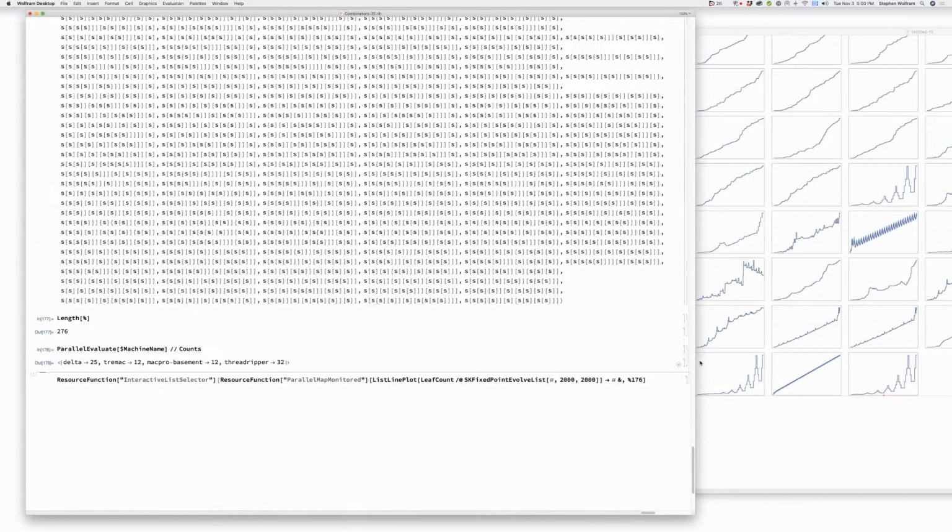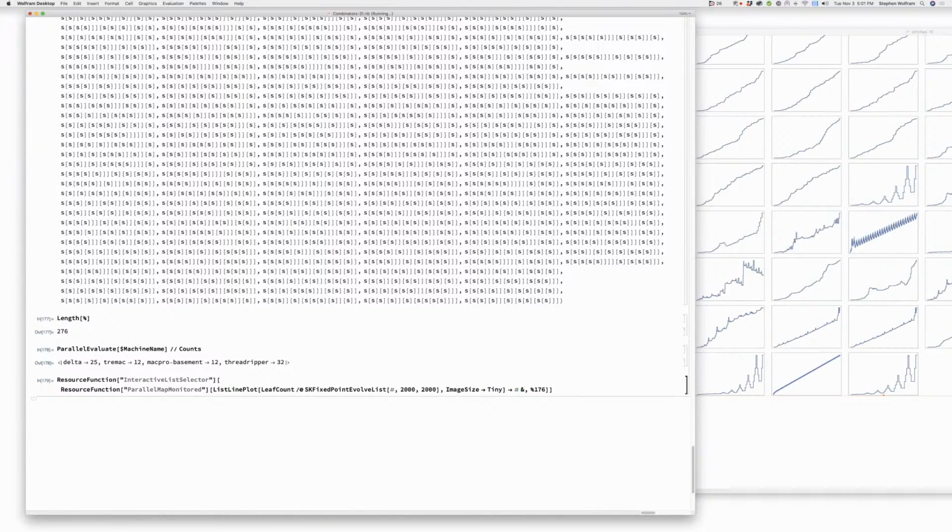Oh, looks good. Okay. All right, parallel map monitored of this thing, resource function of that. Okay, and now we want to say on that interactive list selector. All right, and actually I can make these small. I don't need to make them big. Image size tiny. Okay, here goes.